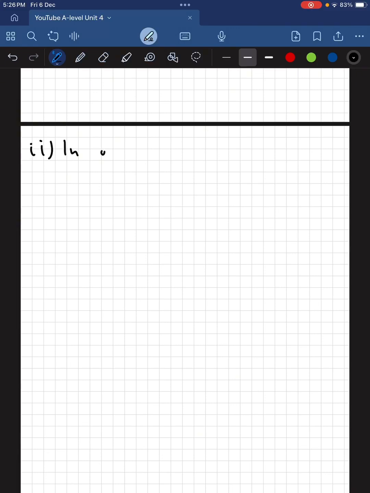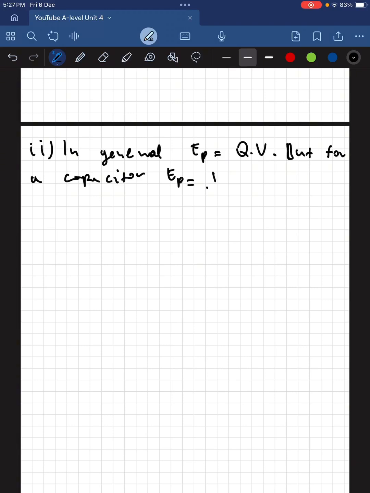Another note is what I began telling you and I stopped. So in general, the electrical potential energy is Q times V. But for a capacitor, the electric potential energy is 1/2 QV. What happened to the other half?